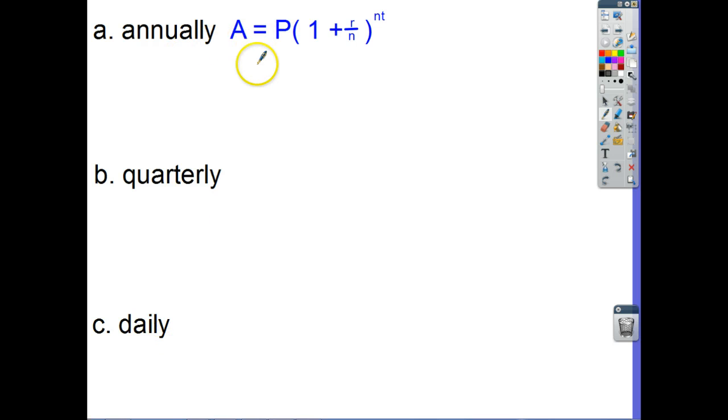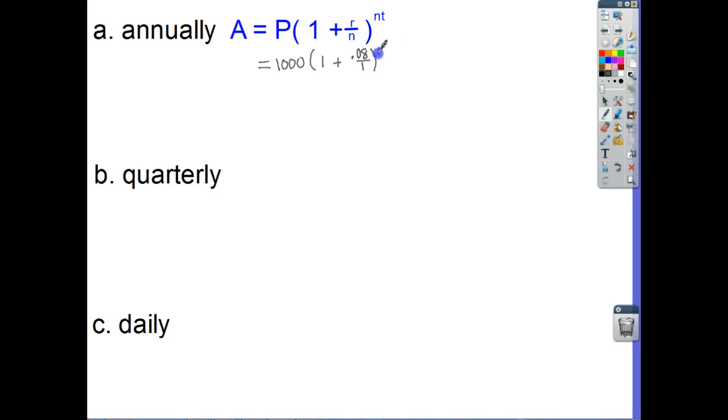And so for annual, we go ahead and fill in our numbers. That's equal to 1,000 times 1 plus our interest rate was 6%, I believe. Let me check my numbers here. 8% for this one. So it's changed to a decimal, 0.08 over 1 raised to the n.